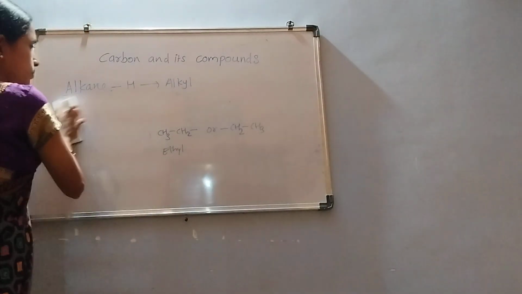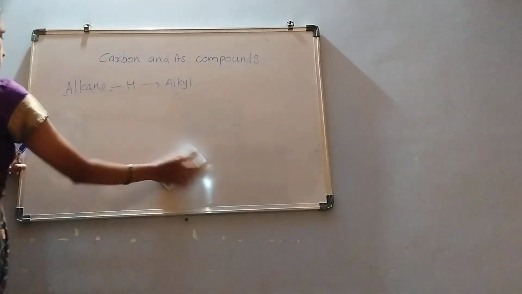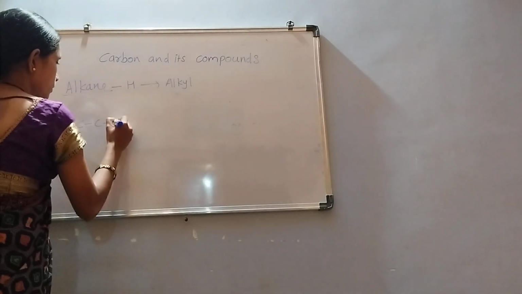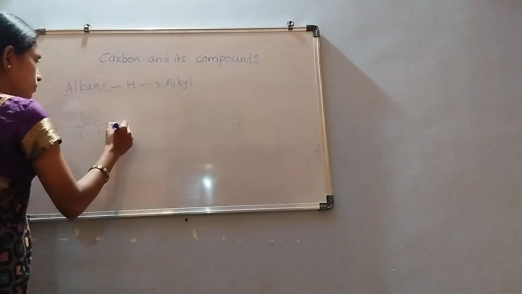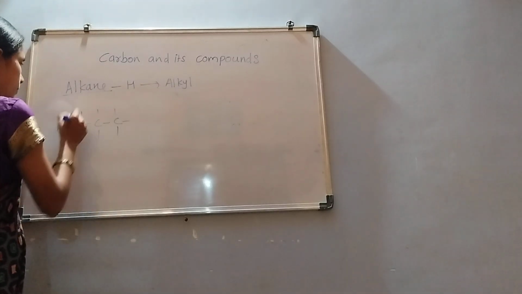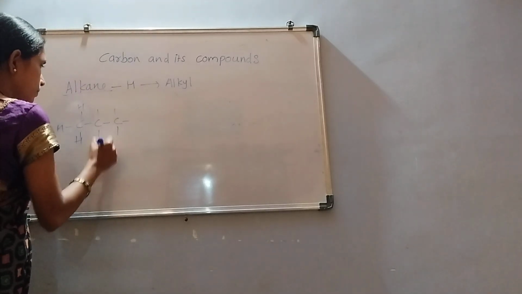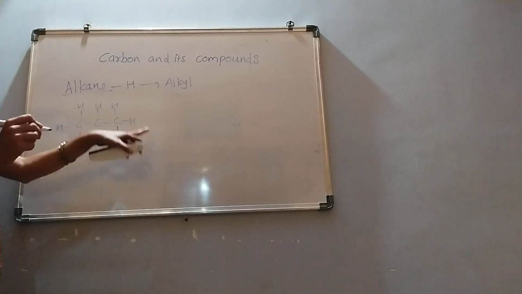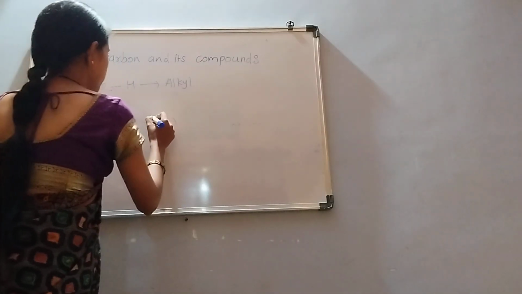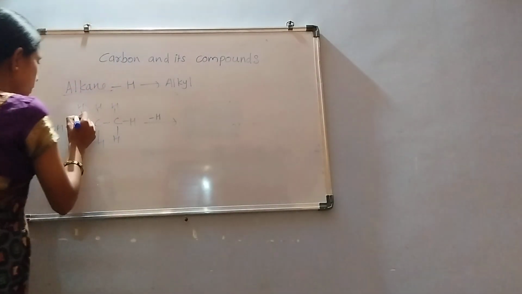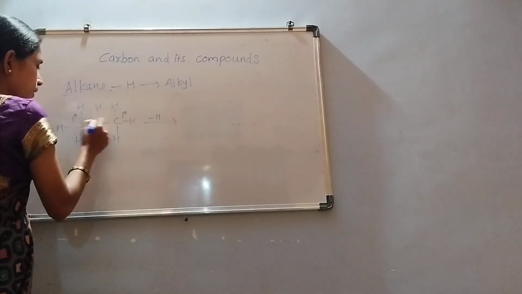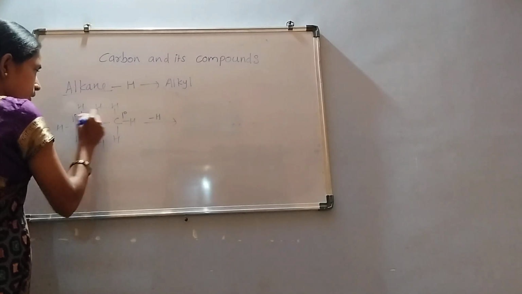Next we will discuss propyl. So from propane, if you remove one hydrogen, here the end carbons are primary carbons, and the middle carbon is bonding with 2 carbons, so we call it a secondary carbon.